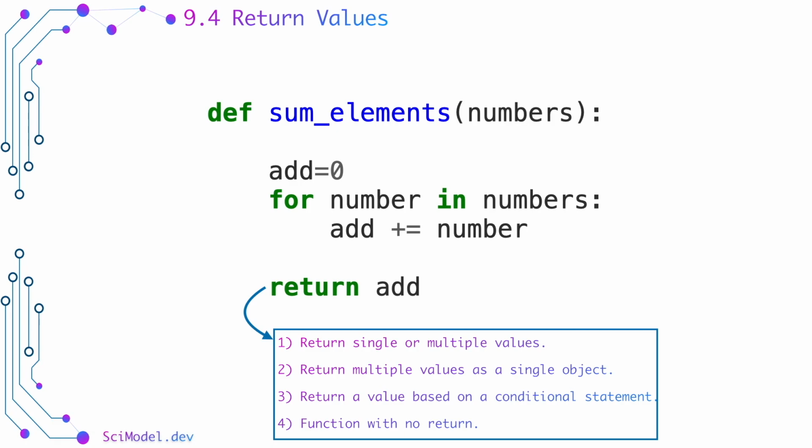There are 4 different scenarios of returning values. You can return a single value or multiple values, return multiple values as a single object, return a value based on conditional statements, or lastly you can have a function that returns no value. So let's study each one of them.